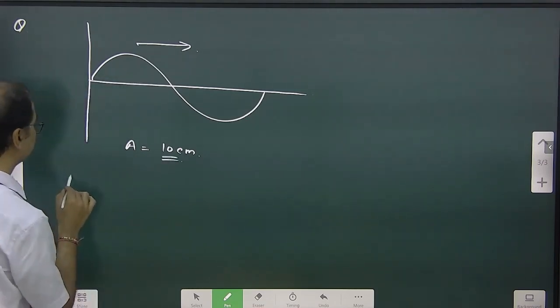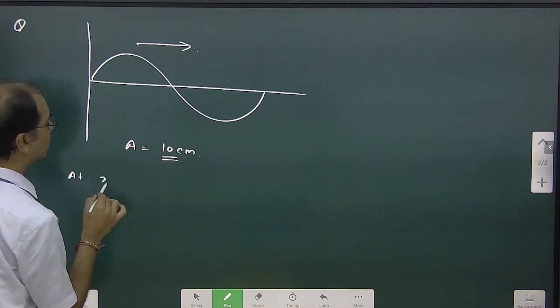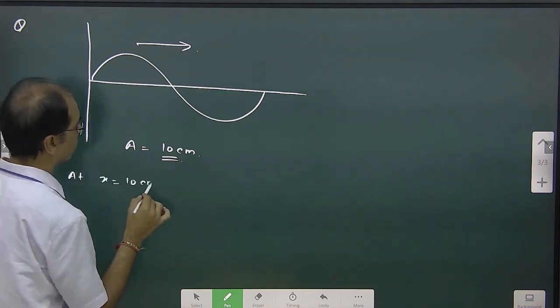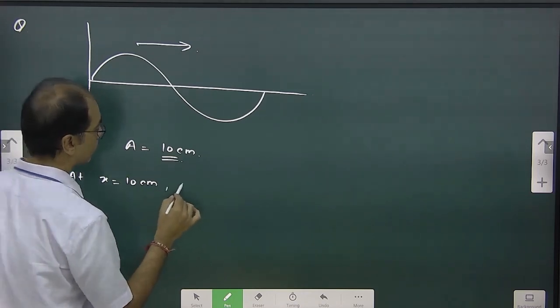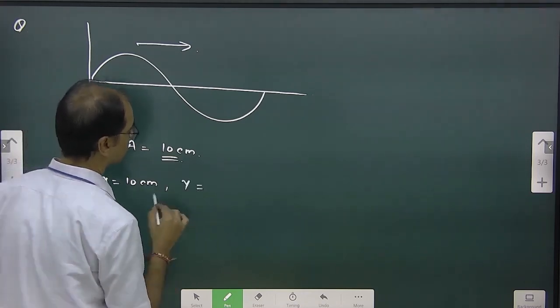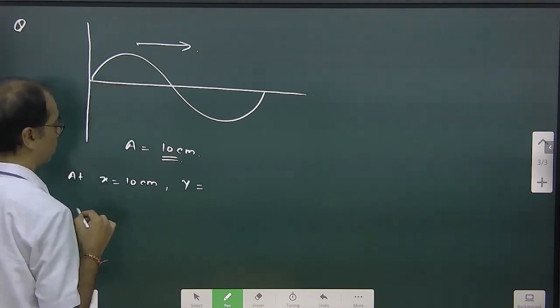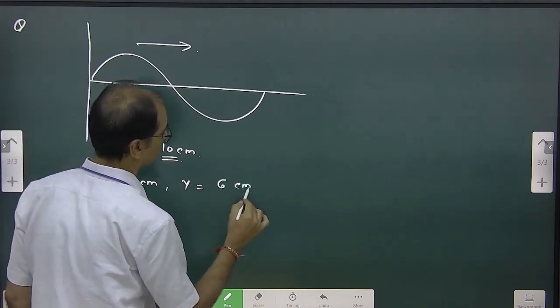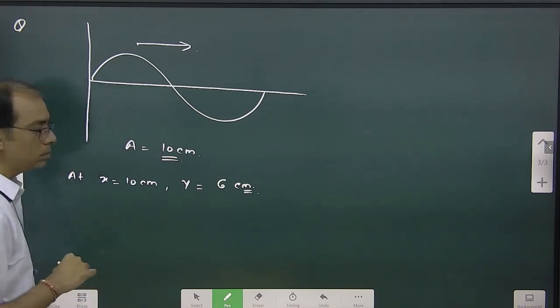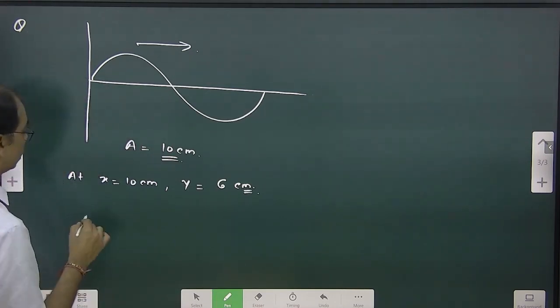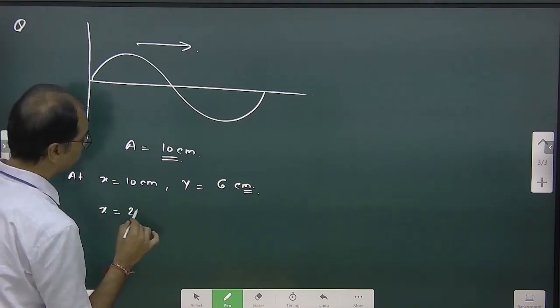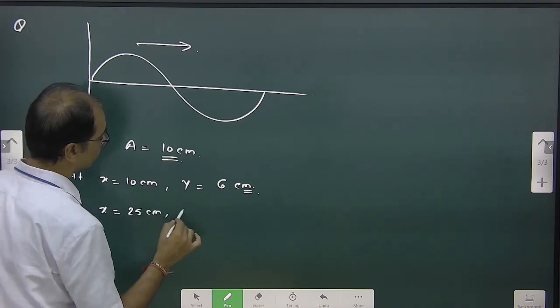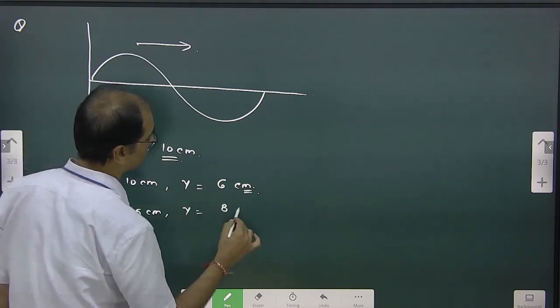It says at x equal to 10 centimeter, position of particle is 6 centimeters. Okay. And at x equal to 25 centimeter, y value is 8 centimeter.